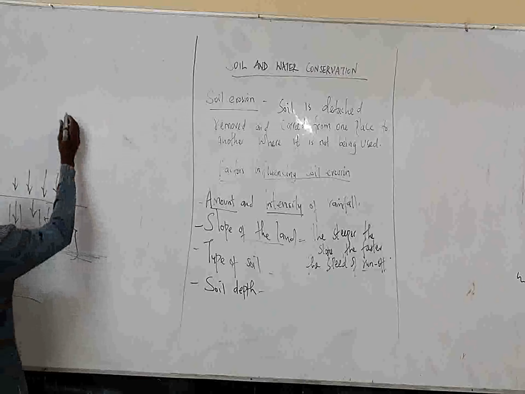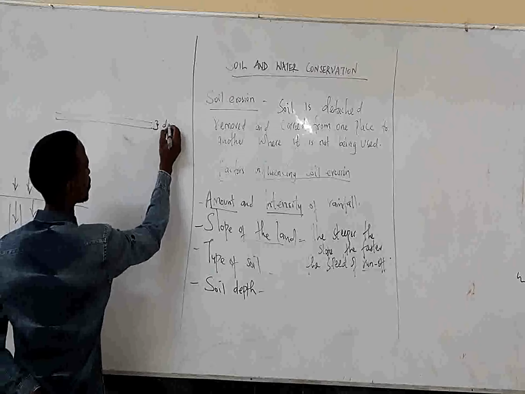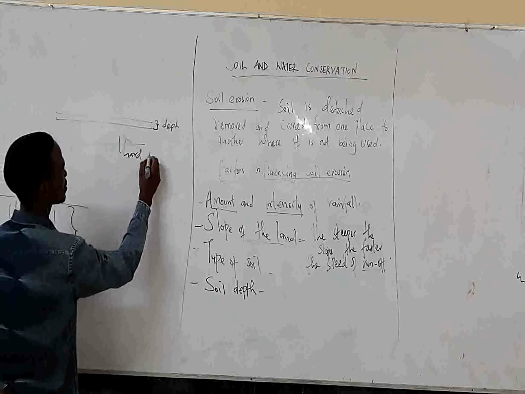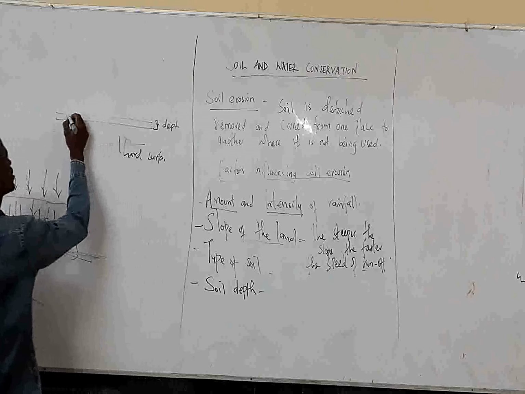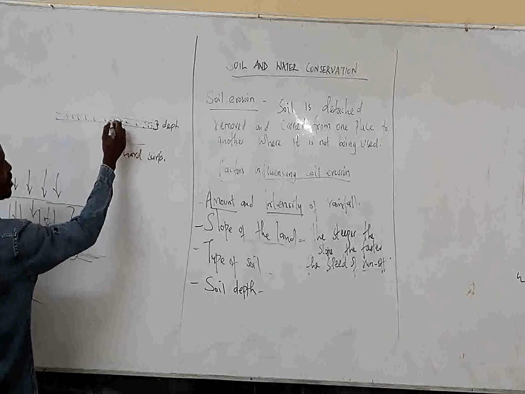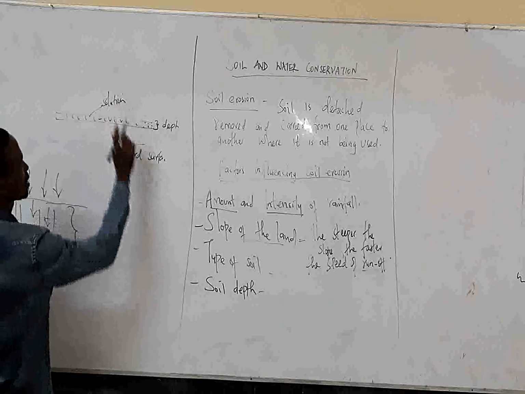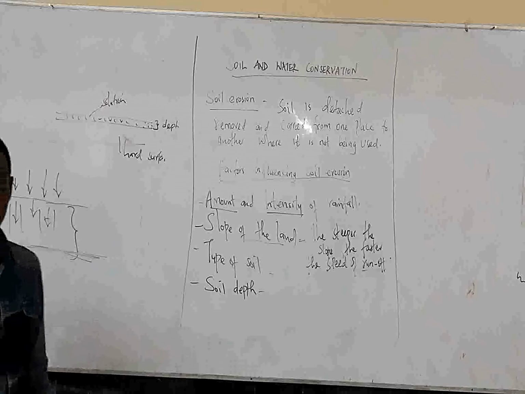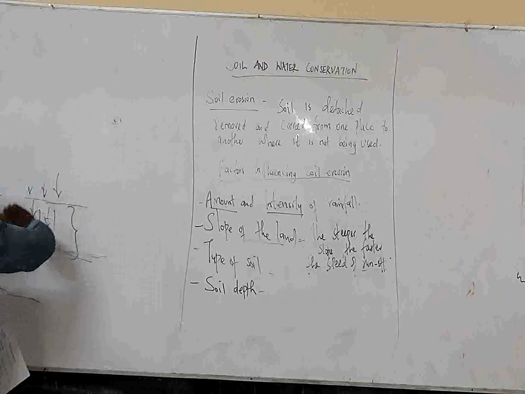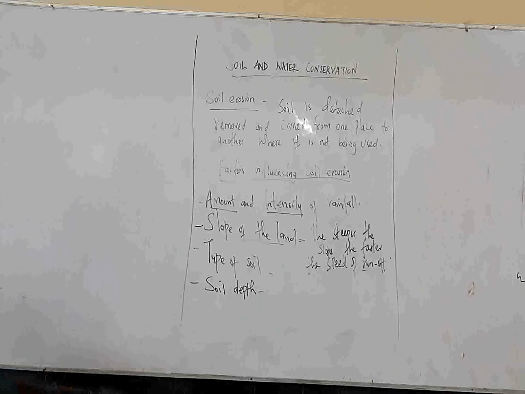But when we have shallow soil, with the hard surface close below, the soil will be easily saturated with water, and it is going to be eroded in solution form. It will mix together with the water and then be eroded. That explains how the depth of the soil influences soil erosion.